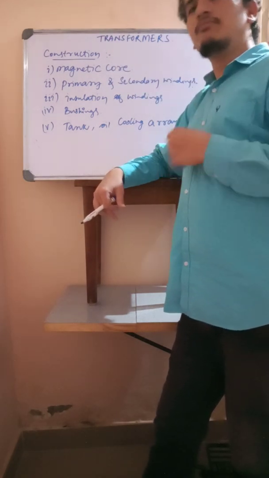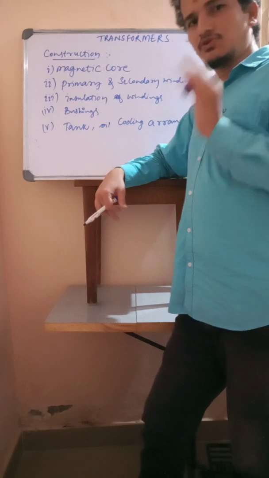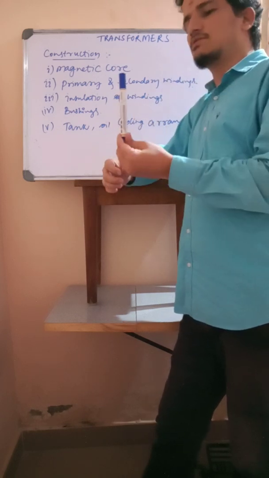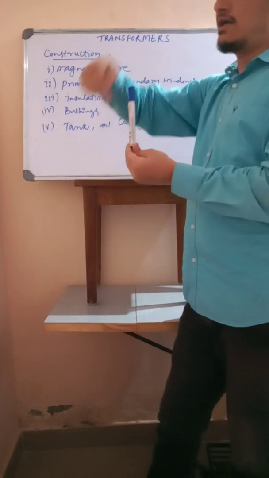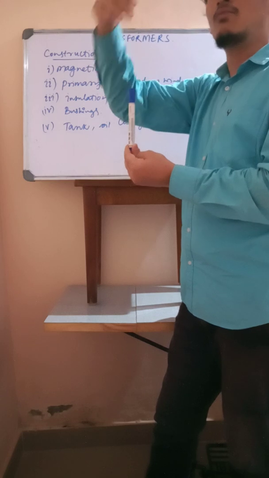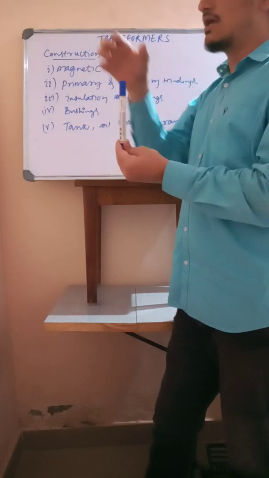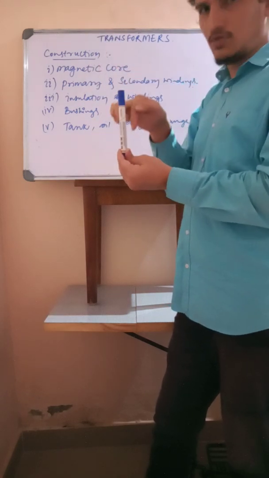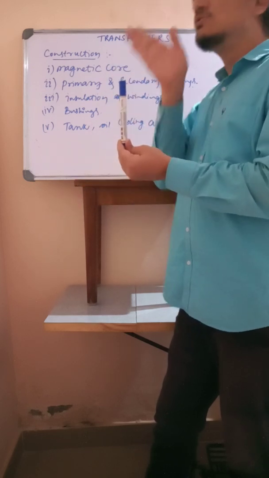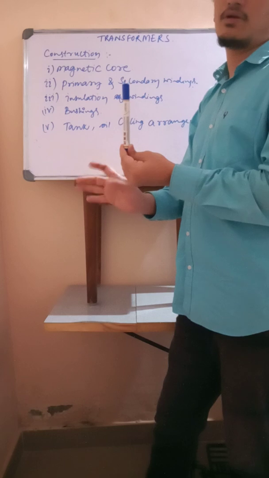In construction, if this is a core, the HV and LV windings will be concentrically wound one above the other. Each winding with respect to the core, as well as each winding with respect to the other winding, must be insulated.